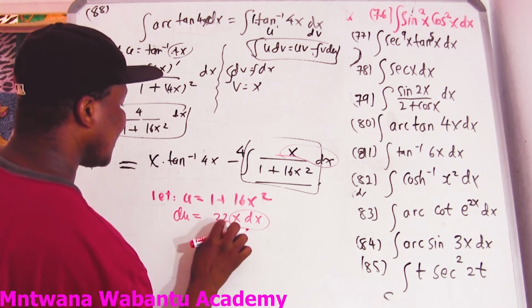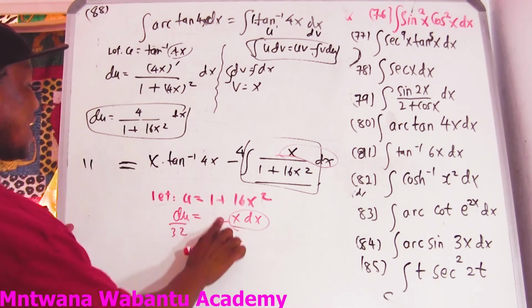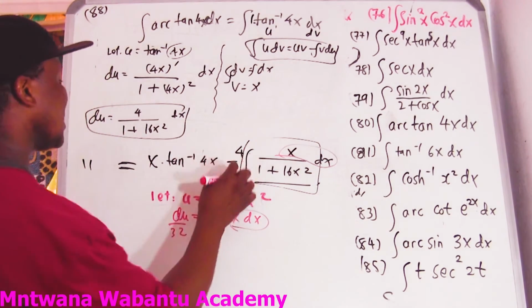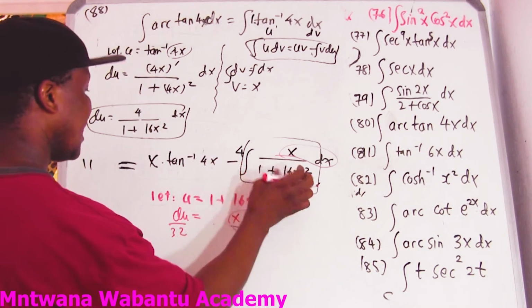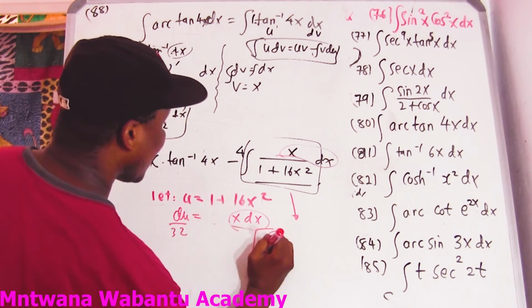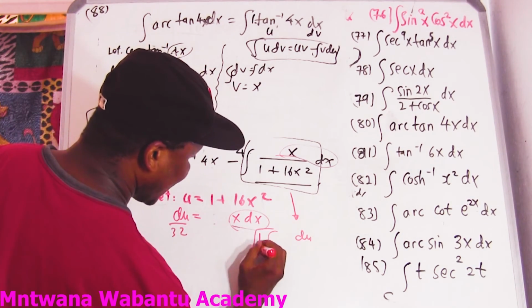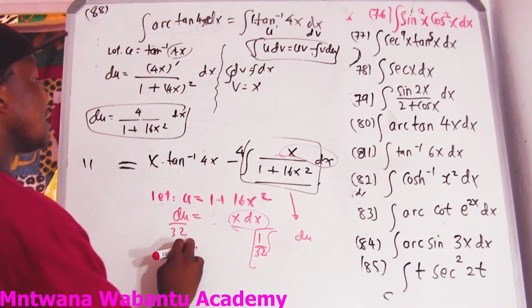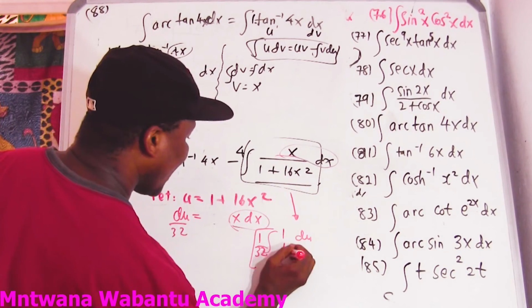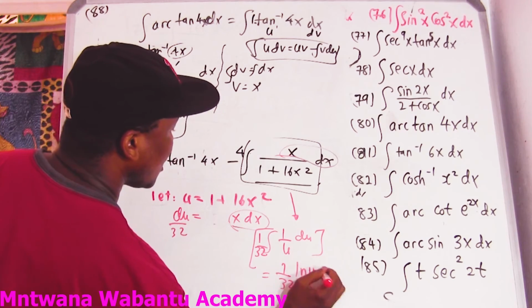So x dx equals du over 32. I take 32 at the back. Now this is going to be 1 over u, so it becomes 1 over 32 ln of u plus constant.